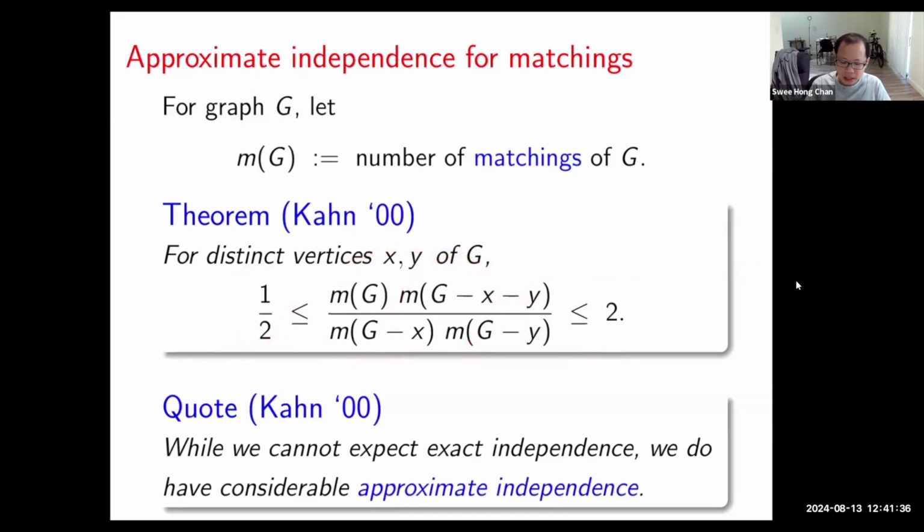And the reason why we call this approximate independence is the following. These numbers, let me do it this way.